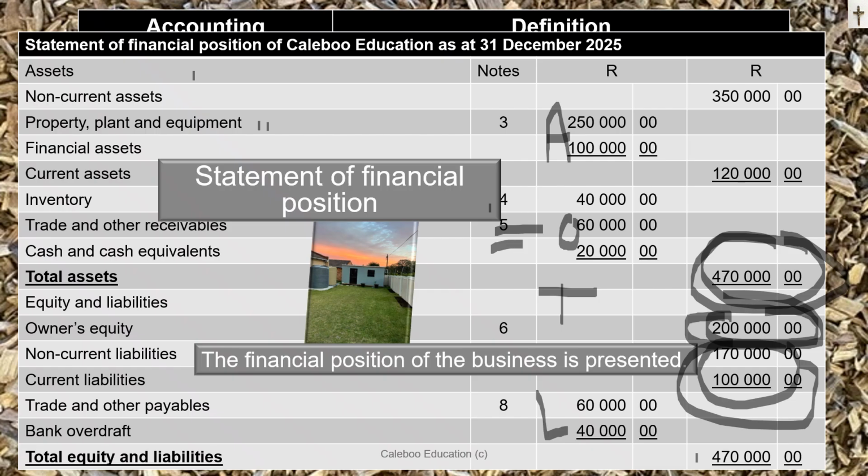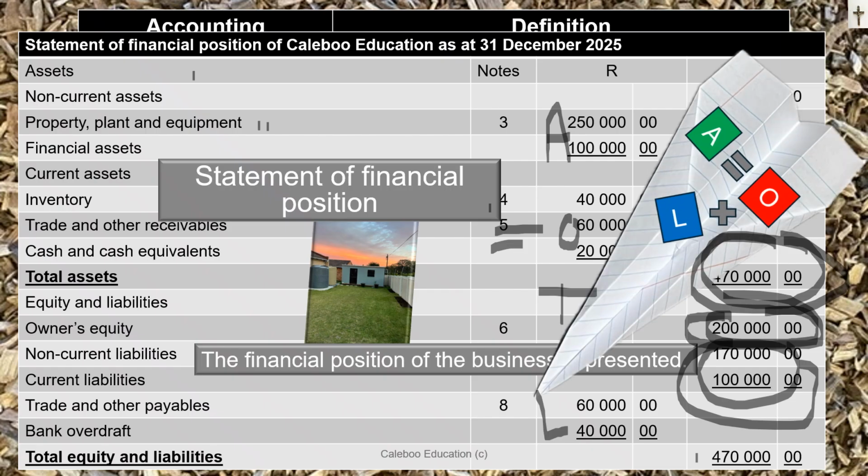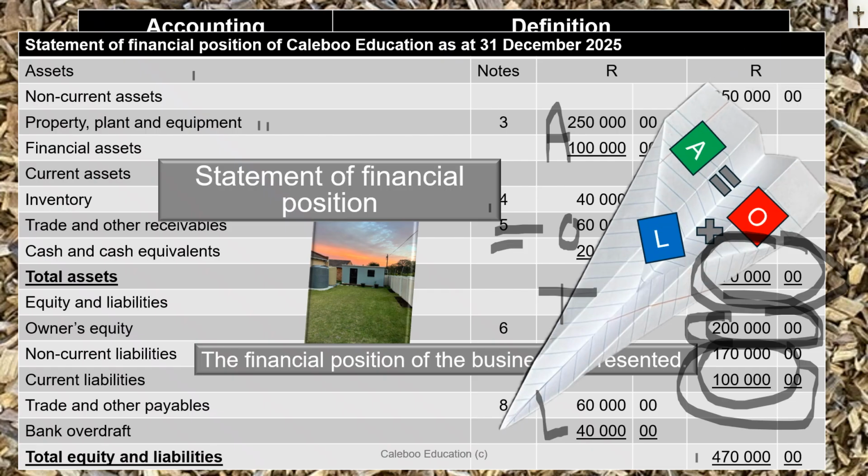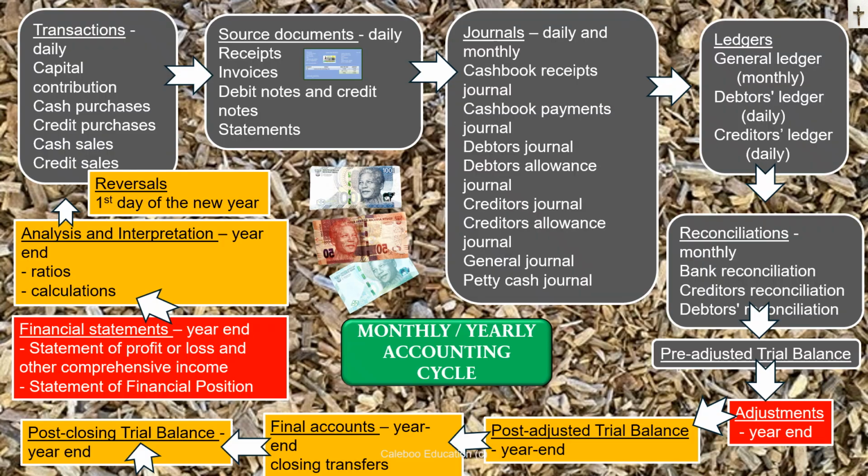There are also notes to the financial statements, but more about those later. And there's our accounting equation. Assets equals owner's equity plus liabilities. And then back to the accounting equation.